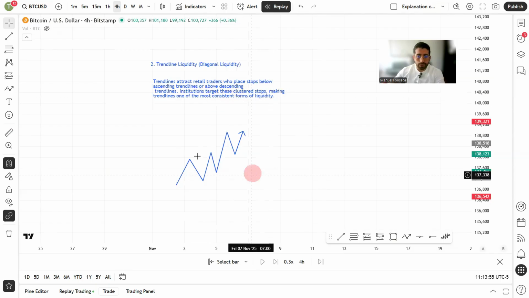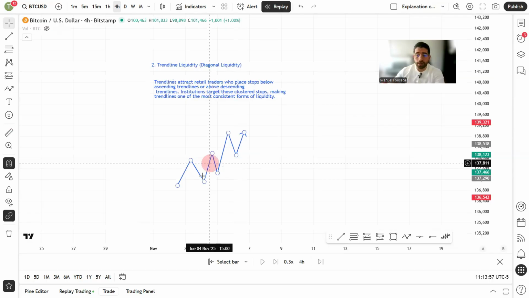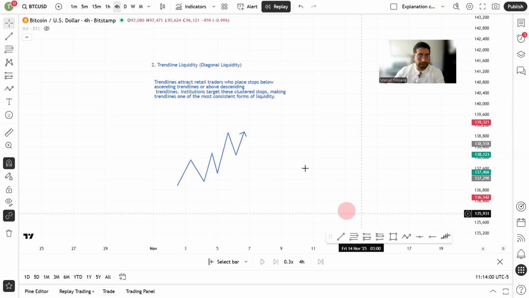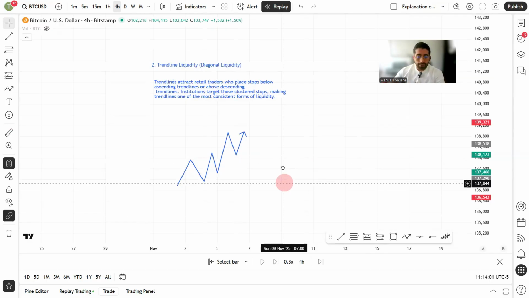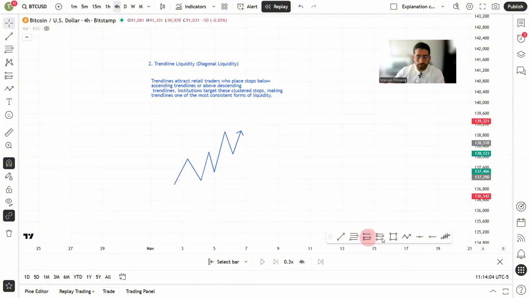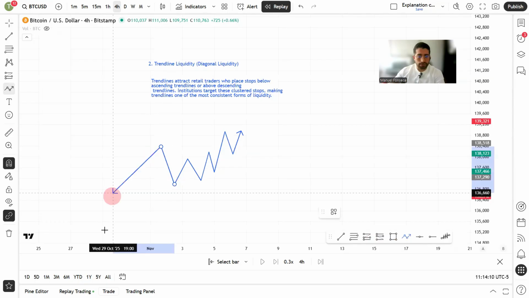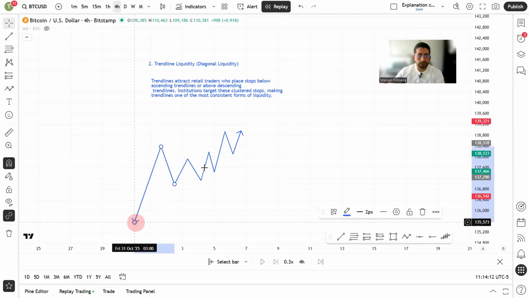Okay, so imagine that we are in a bullish trend. I'm going to give you a little bit more context. Let's imagine that here is a huge impulse like this. Perfect.